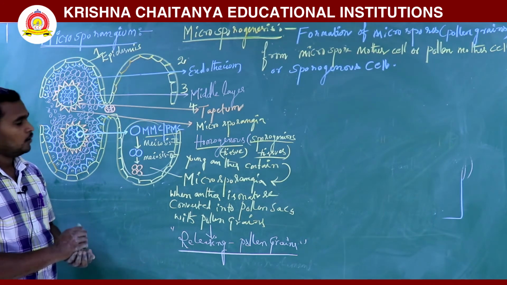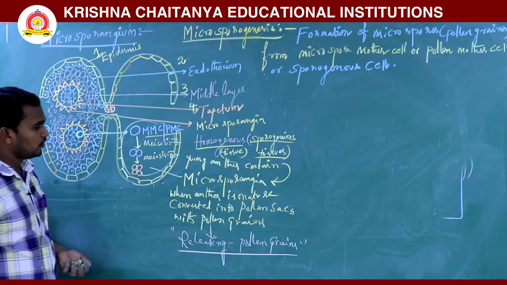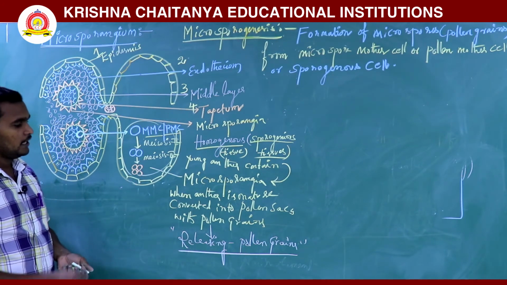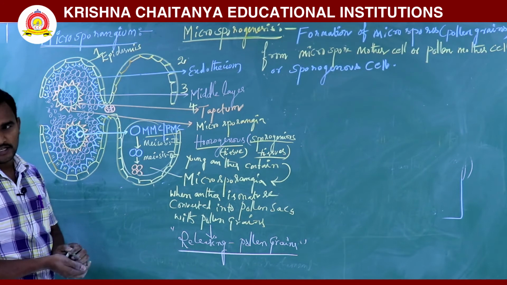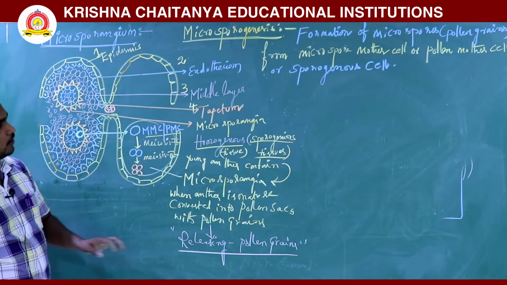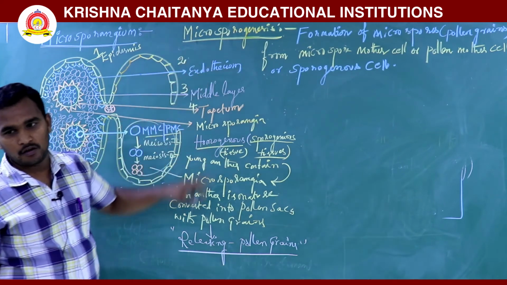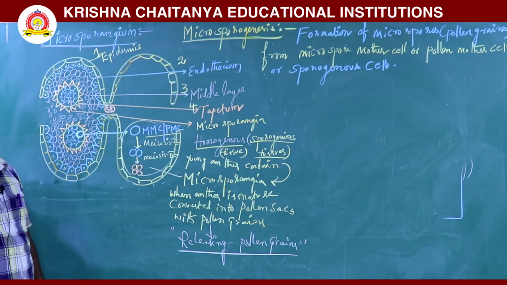How many pollen grains are produced? In total, four pollen grains are produced. They are released to the outer side. Okay, next one is microsporogenesis.